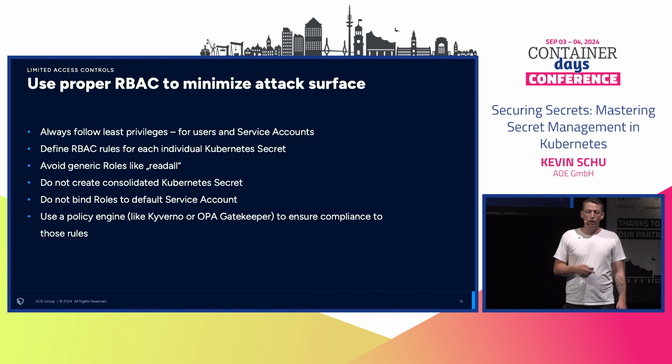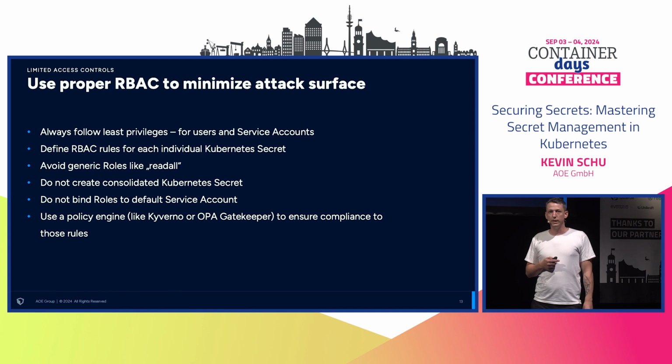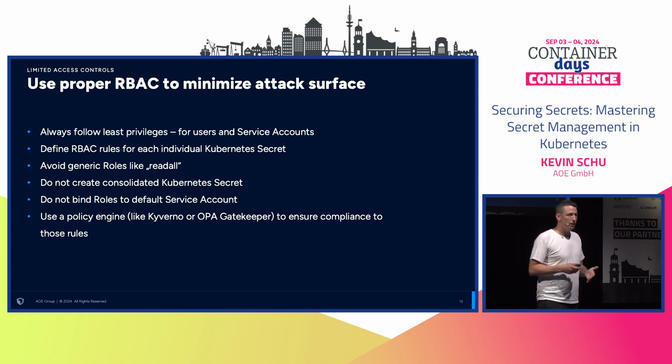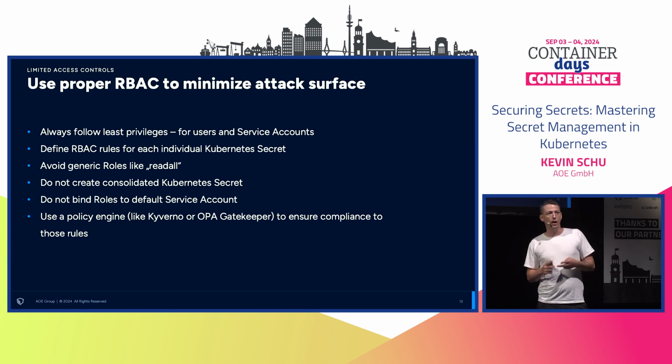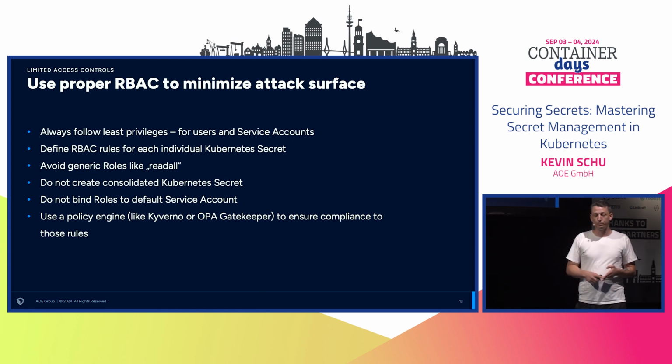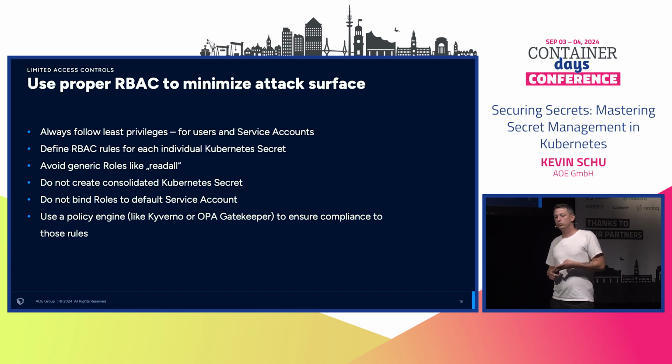So you should use proper RBAC to minimize the attack surface. You can't ensure that a compromised workload will not expose a secret, but you can ensure that this compromised workload is not able to access any other secrets. So you should definitely follow the least privilege concept and define an RBAC role for each individual Kubernetes secret. Avoid generic roles like read all secrets in my namespace completely, and also do not create any consolidated Kubernetes secrets.